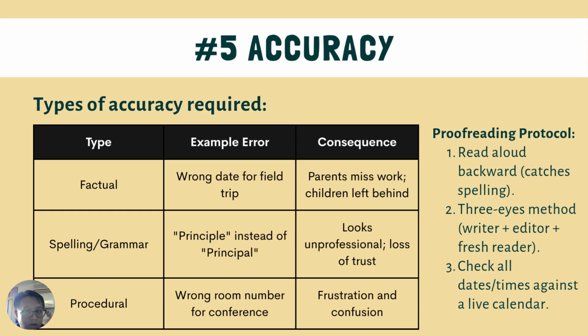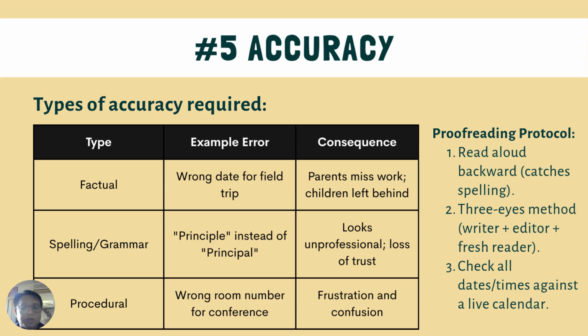If you get one date wrong, parents might miss work or a child might be left unsupervised, and that is very serious. Now, there are three types of accuracy. We have factual, which means wrong date, wrong room number. You have to make sure nga klaro gyud tanan. Next, there's also the spelling or grammar error.